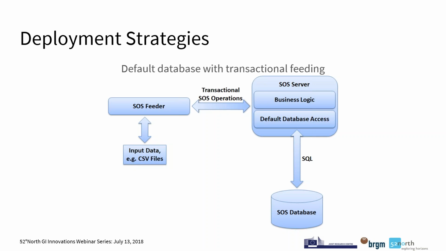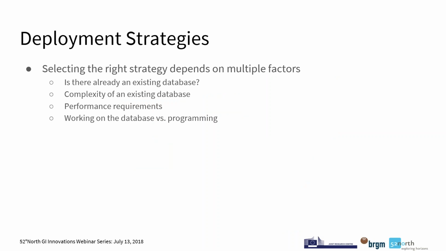And in that case, feeders were used for putting data into an SOS server using some standardized transactional operations and putting the data into that server. The advantage of this would be, for example, that you would not have to deal with any internal details of the database or the SOS server. Instead, you could just go for the standardized operations, put the data via XML into your server, and you are fine. So there are different strategies.